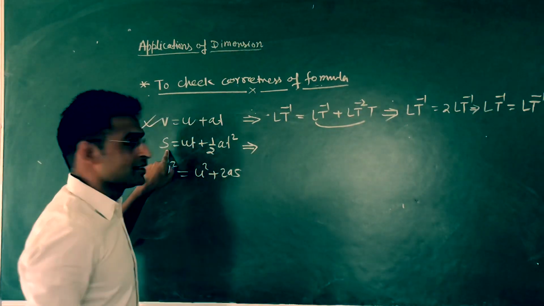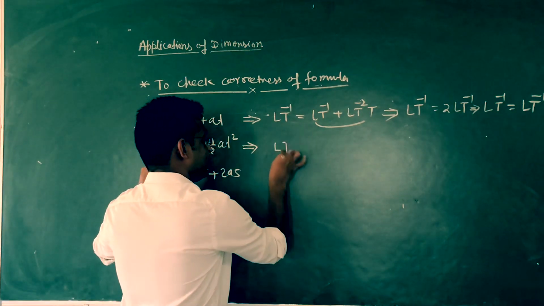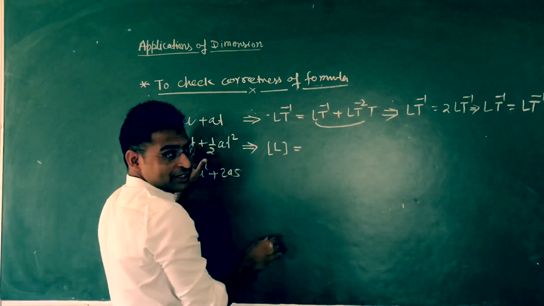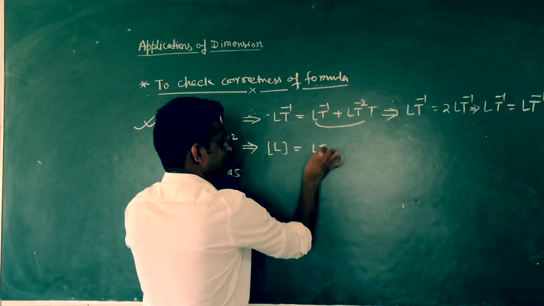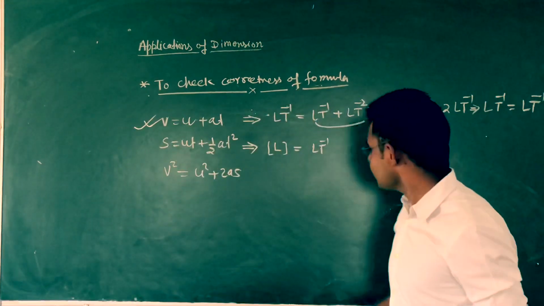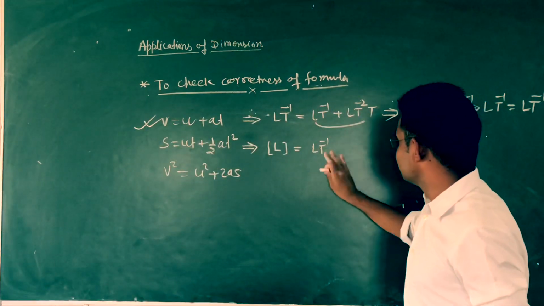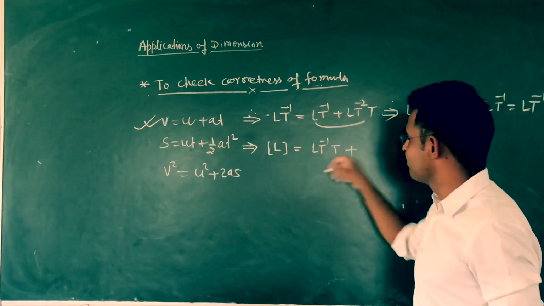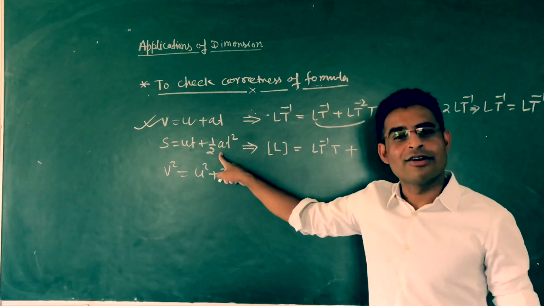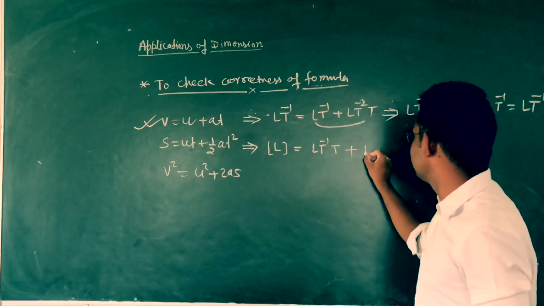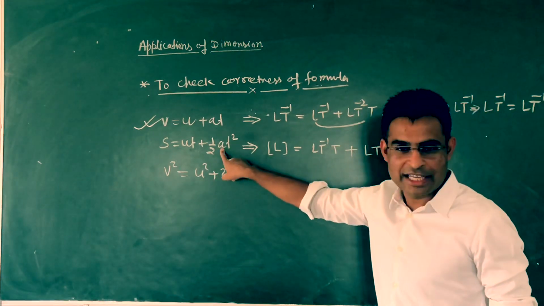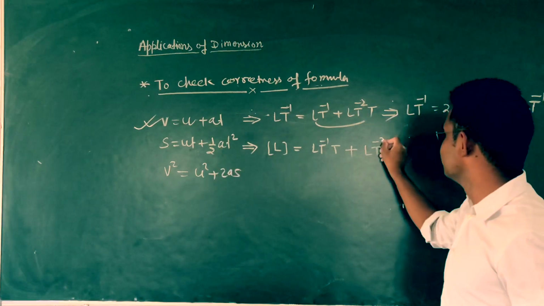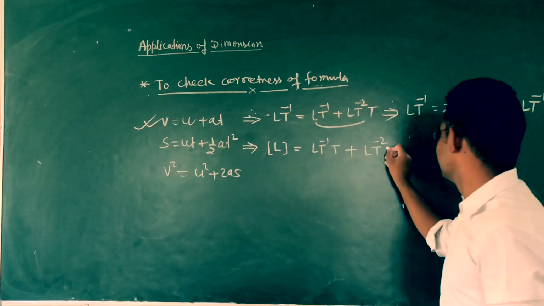Similarly, for the second one, what I'll do? This is distance, so the dimension is L. Right hand side, this is velocity, the velocity dimension is LT^-1. Now this is t, the time dimension is T only, plus 1 by 2. 1 by 2 is a constant, so I'll neglect it. So LT^-1 times T, and what's the acceleration dimension? LT^-2. And what's the dimension of this t square?